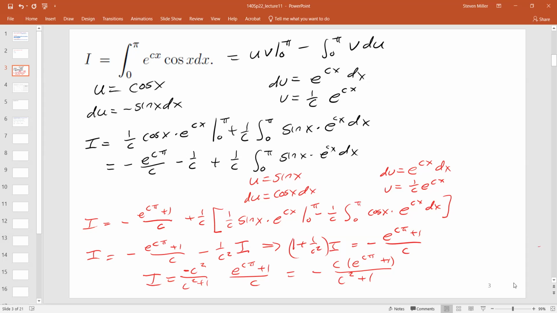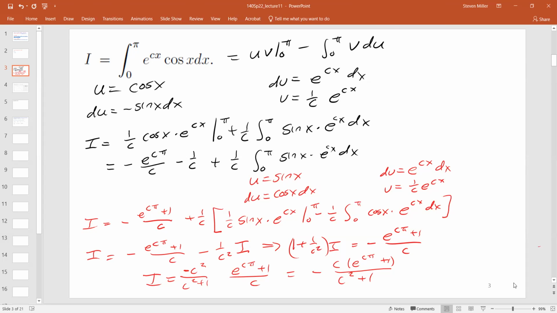Now, you could say that I was being a little bit unfair, putting someone on the spot and asking them to choose which to make u and which to make dv. What would have happened if you had done it the other way for this problem? It would have worked just as well. This is one of the few problems where you really can't go wrong.